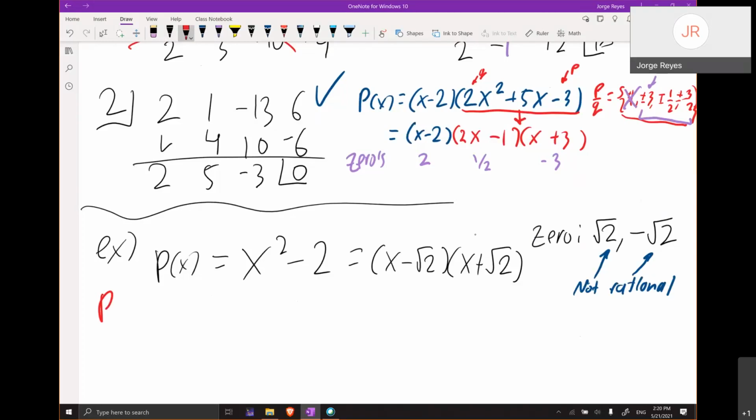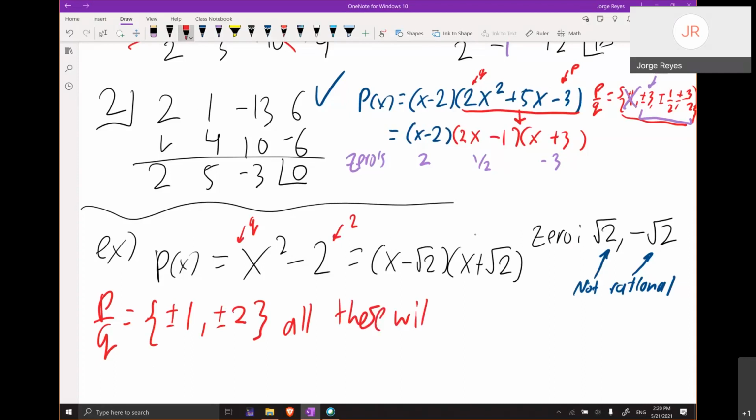Rational roots theorem, we just get a p and a q. So q is 1, p is 2, so we would just do plus minus 1, plus minus 2. And then you would plug in all 4 of these, and all of them would not work.